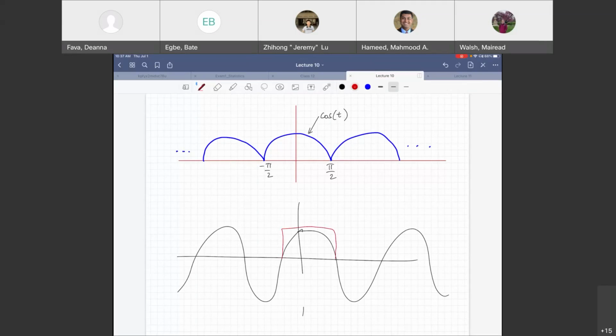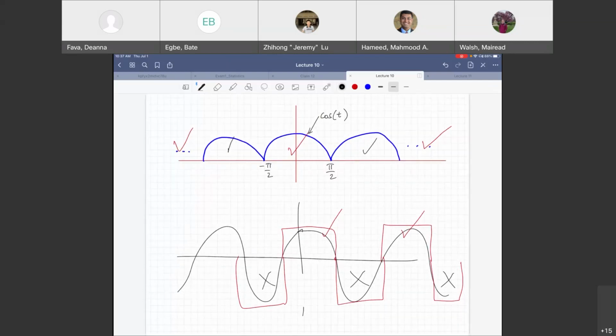We offset the square wave. Why offset? Why not just do this? Create another one, right? So you have one square wave that is capturing these parts, and then you have another square wave, but flipped, minus 1, capturing these parts.